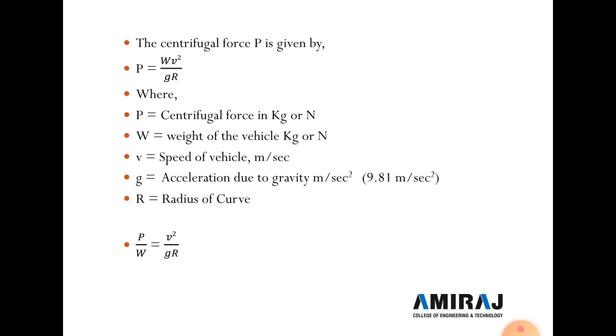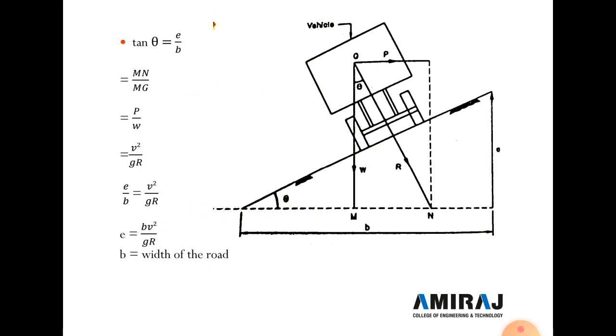W is the weight of the vehicle in kg or Newton, V is the speed of the vehicle in meter per second, G is the acceleration due to gravity in meter per second square, generally taken as 9.81, and R is the radius of curvature. So P is equal to W V square divided by GR, so P by W is equal to V square divided by GR.